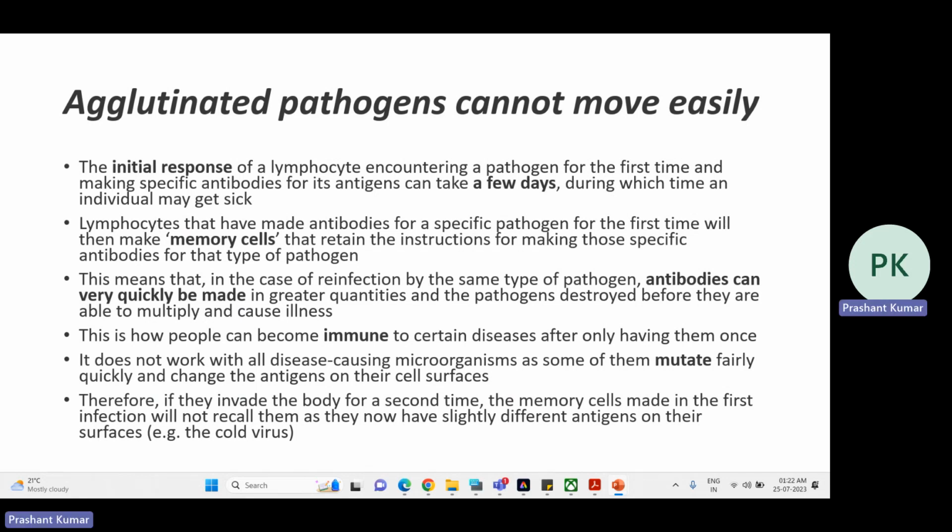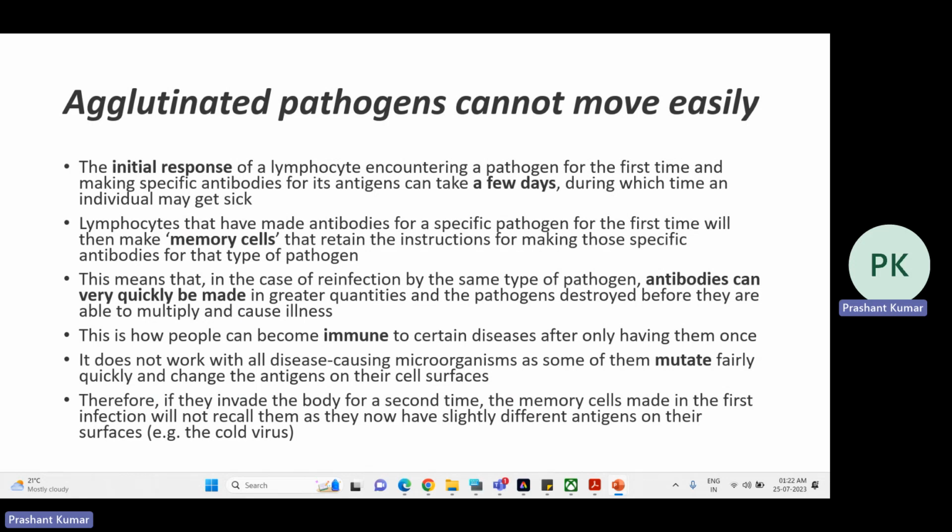The initial response of a lymphocyte, encountering a pathogen for the first time and making specific antibodies for its antigen, can take a few days or a few hours, depending on the type of antigen you encounter. Lymphocytes that have made antibodies for a specific pathogen for the first time will make memory cells.